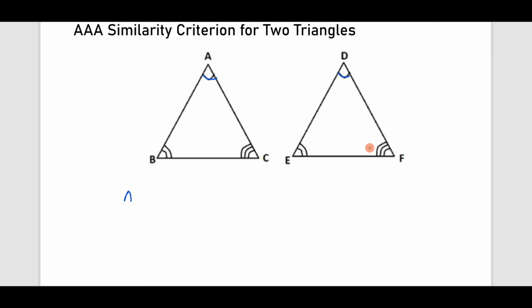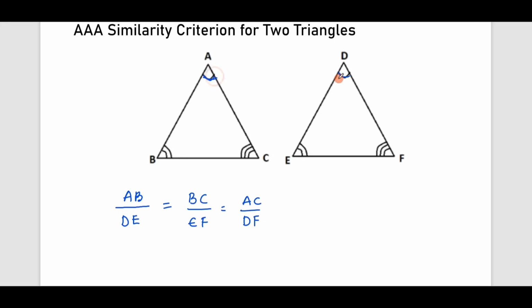That is AB by DE equals what? Next side BC by EF equals what? AC by DF. You should understand this to solve the problem.